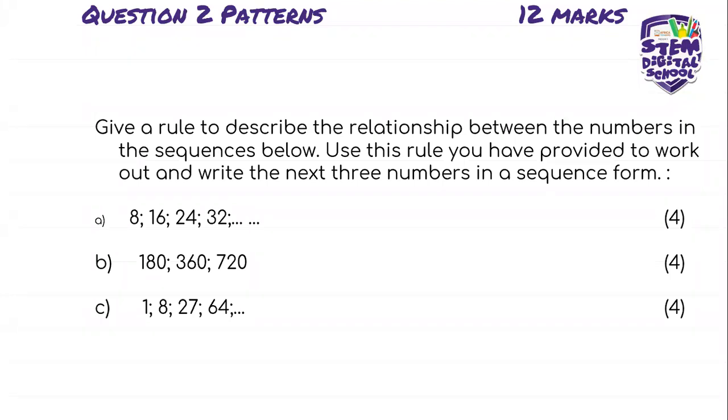And then 1,440, if you multiply that by 2, you get 2,880. And then the last one there, if you multiply 2,880 by 2, you'll get 5,760. All right. That is the rule which will give you the next 3 terms.